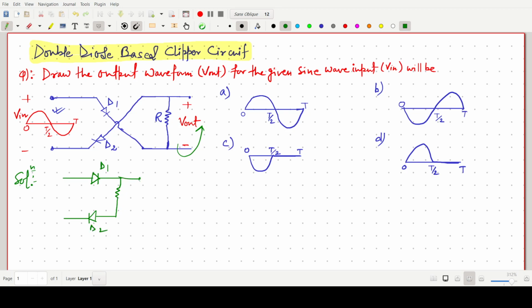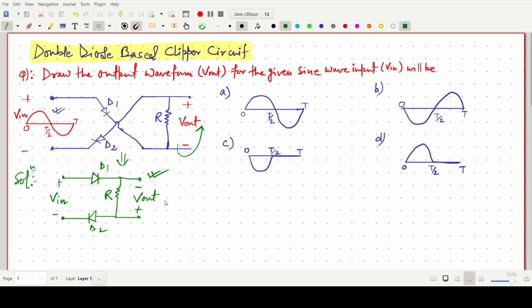You only have to move this lower wire up and it will go downward. By modifying the circuit, this one will be our minus and plus. So this should be our V output, D1, D2. This one is our R and this should be our V in, that is our sinusoidal. Now the modified figure is this one.